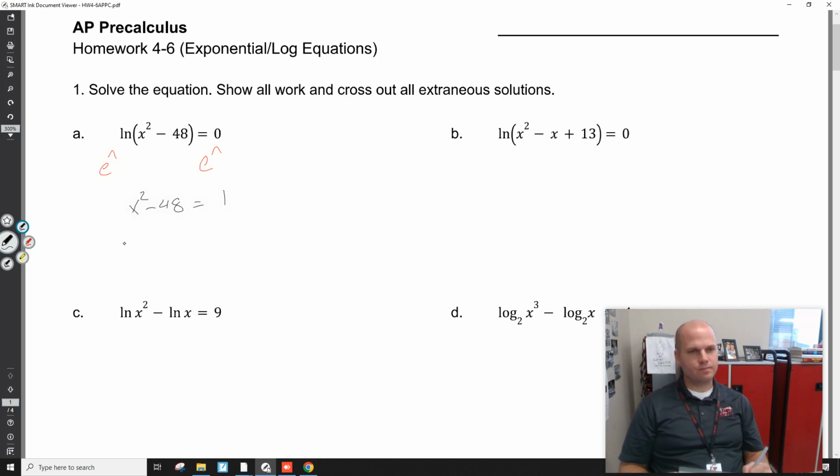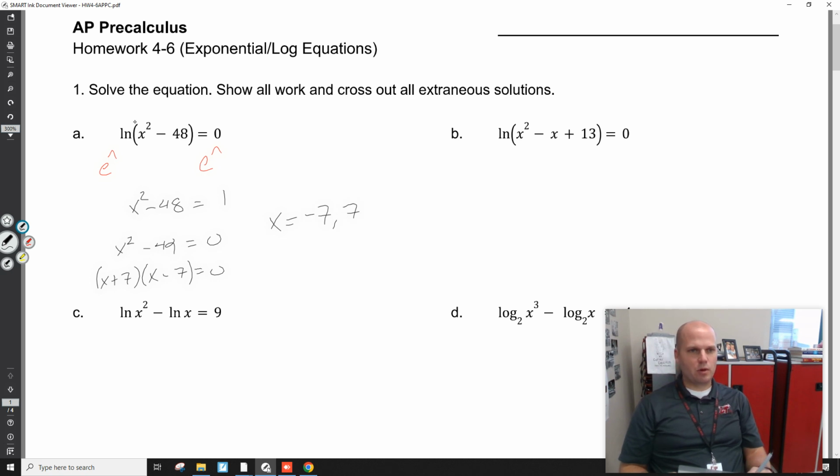Doesn't work out. The last thing we also have to pay attention to are potential extraneous solutions. When I take e to the power of everything, I make everything positive, which means I might get solutions that we think are correct, but ultimately they are not in the domain of the log function.